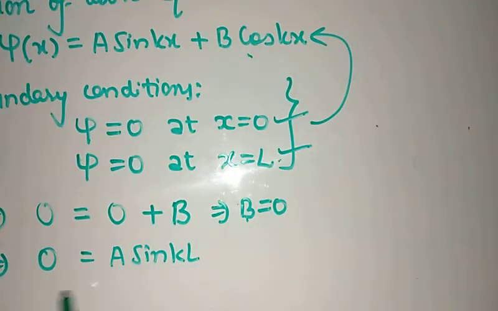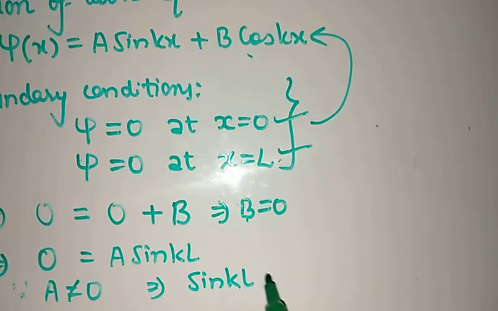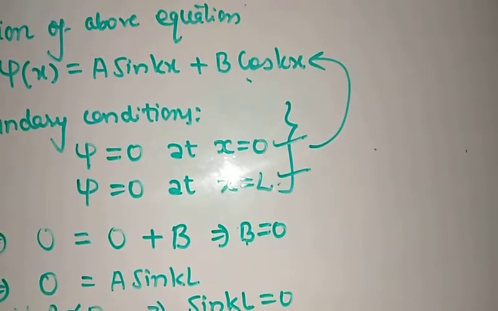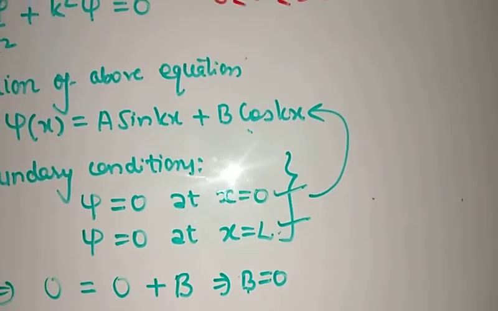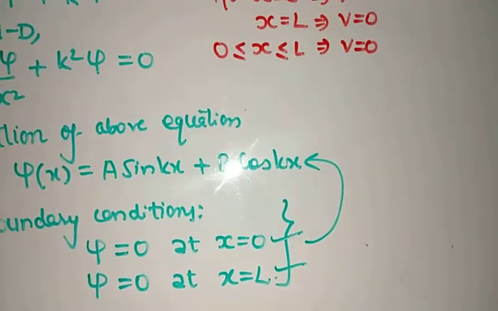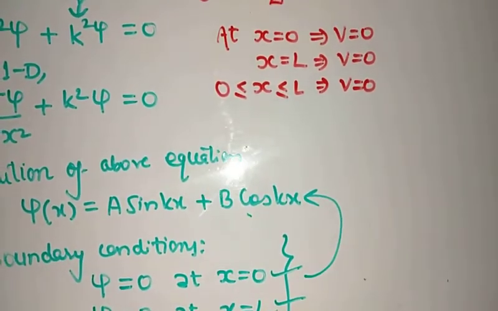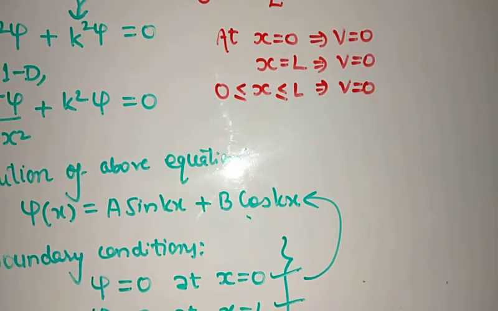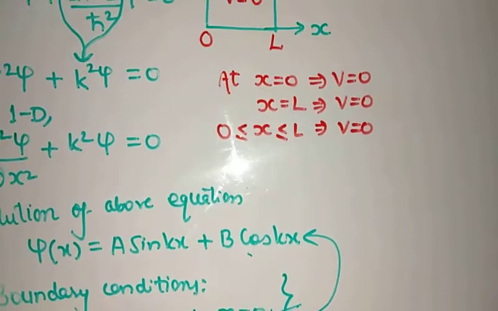Since a and b are constants, and a is not 0, this implies sin kL is equal to 0, and obviously we know sin n pi is equal to 0. If sin theta is equal to 0, then theta is equal to n pi. We will use that relation here.